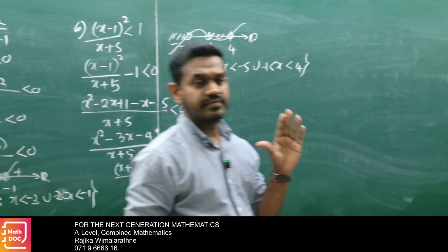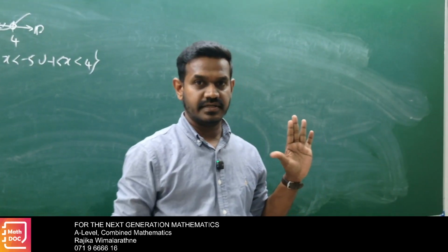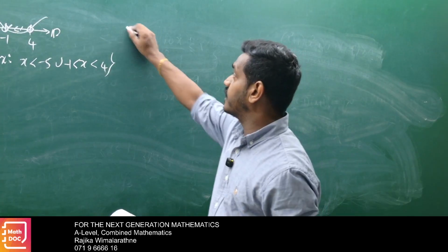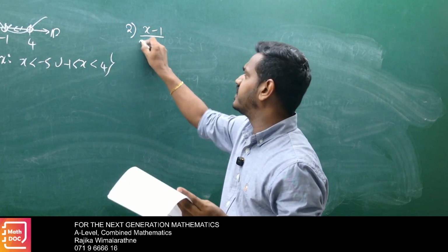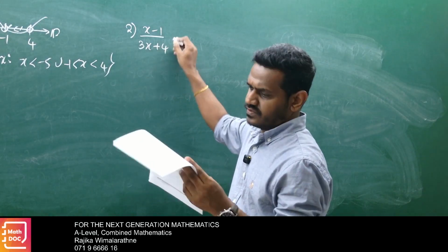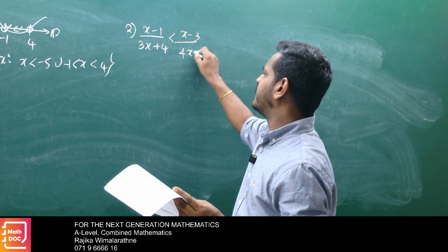Then the second one: x minus 1 over 3x plus 4 is less than x minus 3 over 4x minus 3.